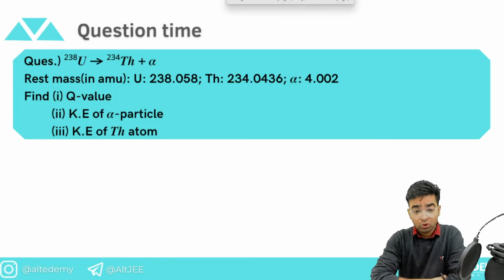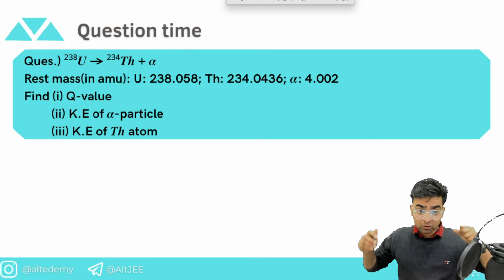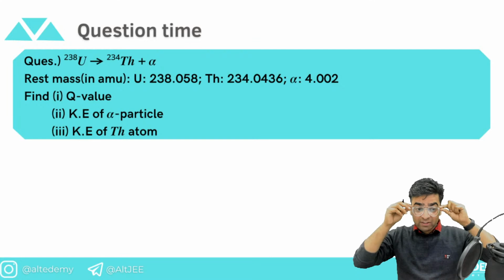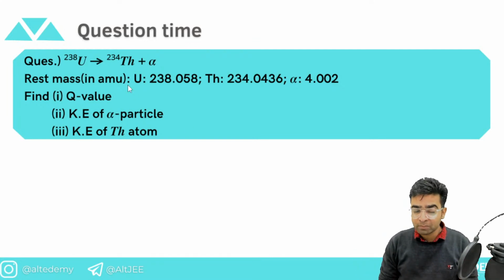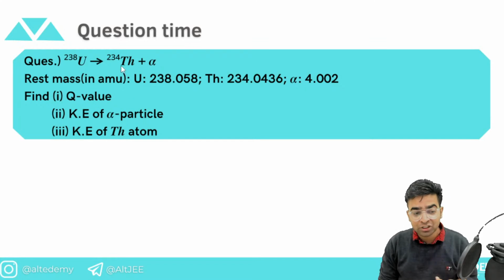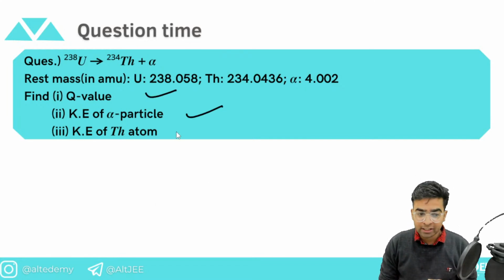Now, question time. We have the reaction of uranium getting transformed by alpha decay into thorium plus an alpha particle. We have to find three things: the Q value, the kinetic energy of the alpha particle, and the kinetic energy of the thorium atom.